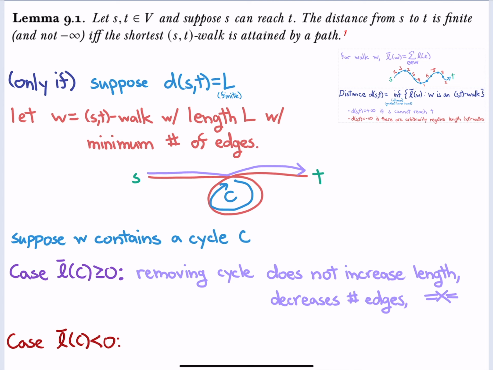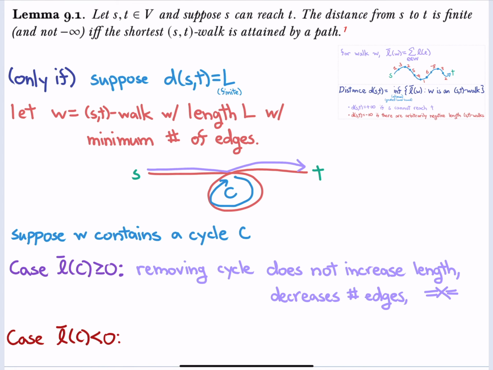Case 2, the cycle has negative total length. You kind of go back in time when you go around the cycle. Now how do I reach some contradiction? Yes, so this is not the minimum. Why is it not the minimum?